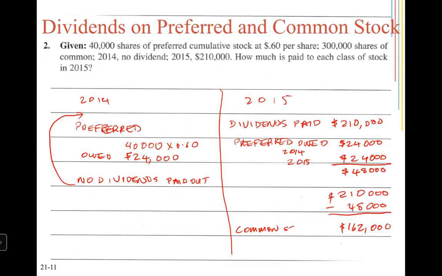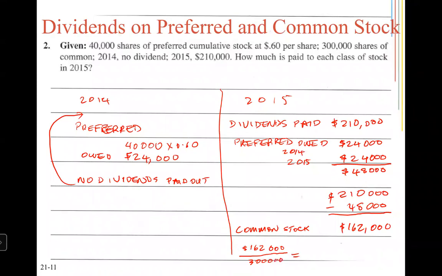Now, how many common shares do they have? 300,000. So if you want to work it out, you would say 162,000 over the 300,000.